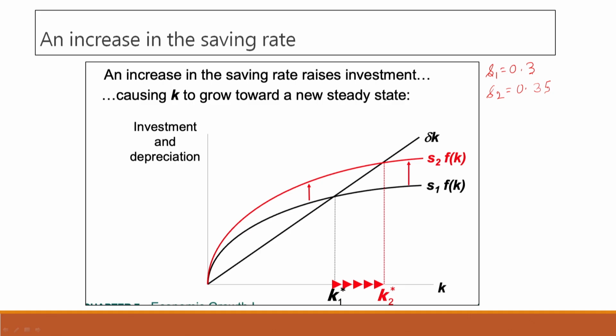In our terms, we generally call this ceteris paribus. What it implies is, except for this change in saving rate, nothing else is changing. Now, the question is, what is the impact of this increase in saving rate in this particular economy? What changes? This is the question that we are asking ourselves now.